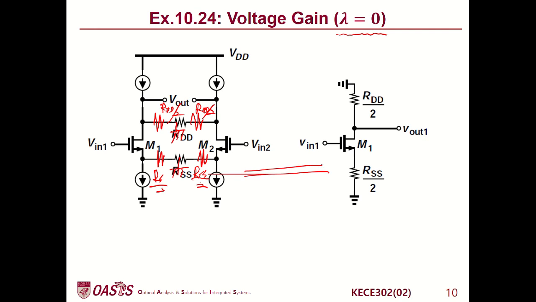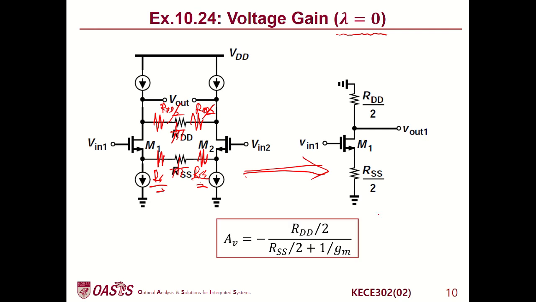So you can convert the differential amplifier to the figure on the right. The voltage gain is simply minus, from the output to AC ground, RD divided by 2, but the output impedance here can be neglected because it's infinite, and the denominator is starting from RSS divided by 2 plus 1 over GM1.